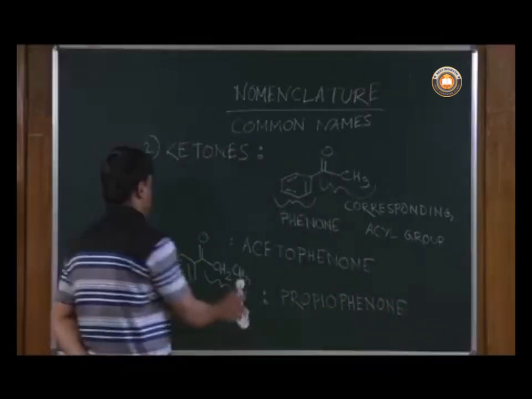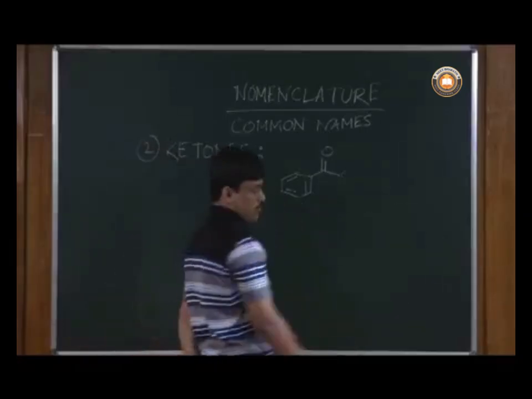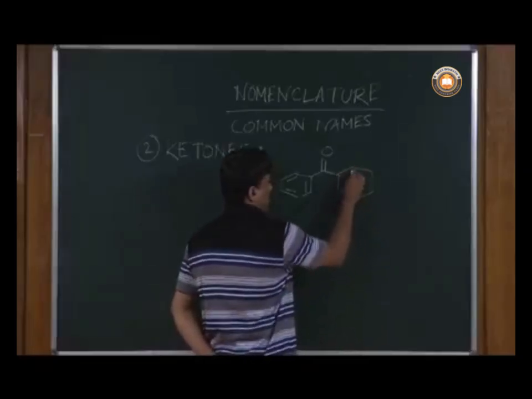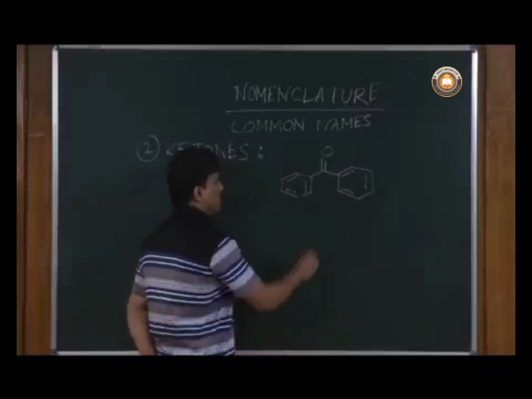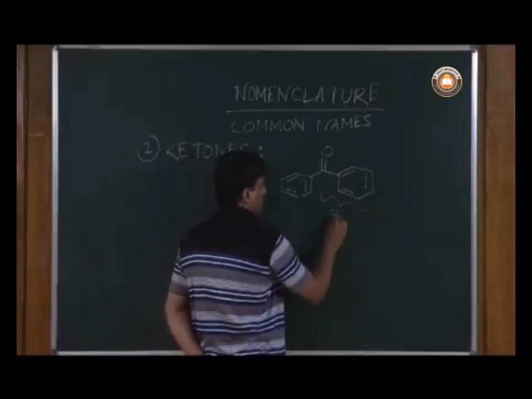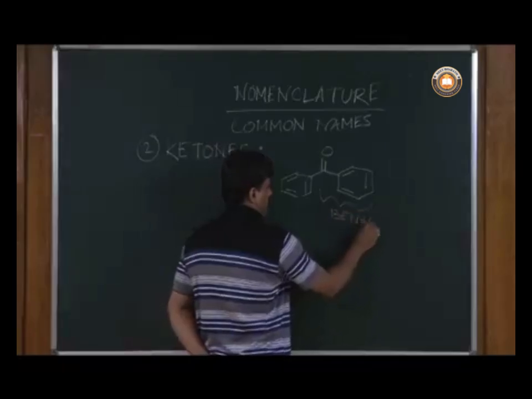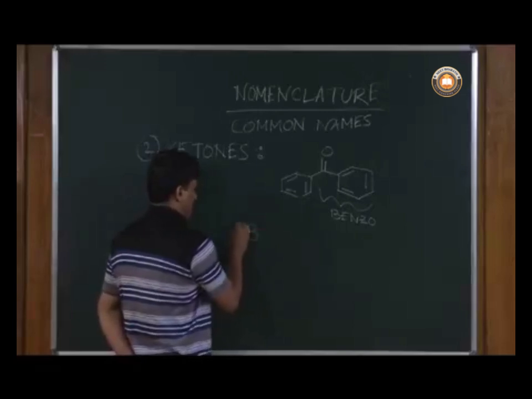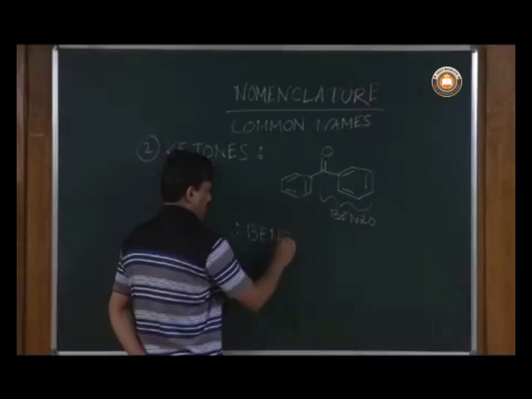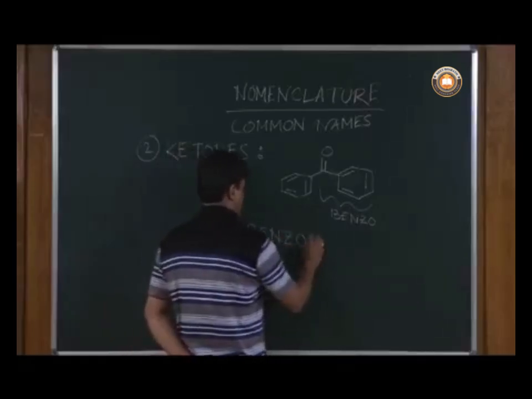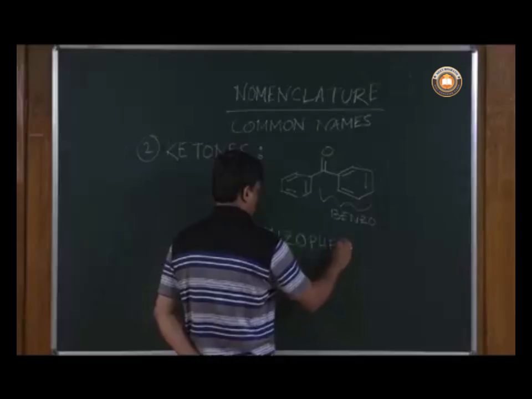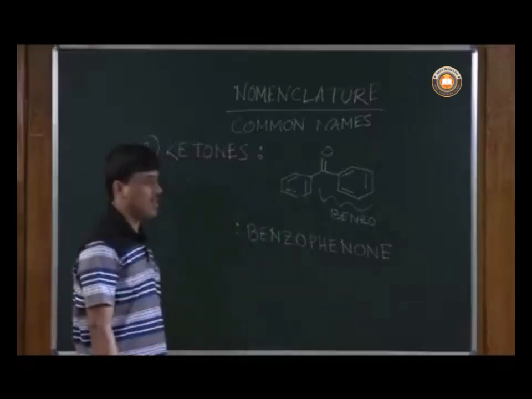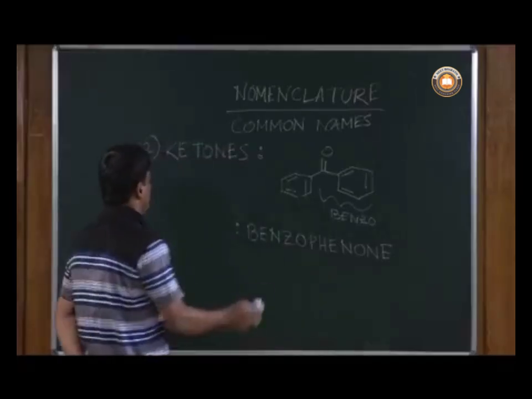Let us discuss some more examples. This group is called benzo, so what will be its name? Its name will be benzophenone. Clear? Now, we will go to the IUPAC names.